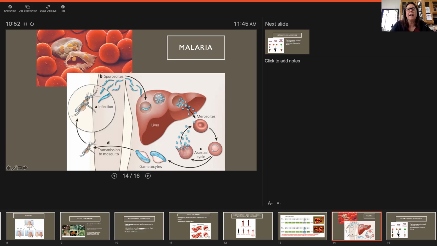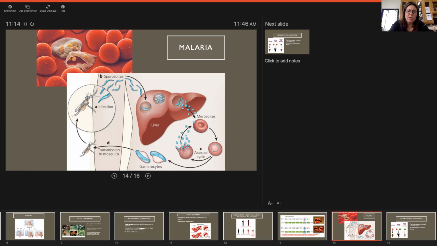Malaria is a parasite. That parasite will then go into the liver, where it will take residence. It will then get into the red blood cells and finish its life cycle in there. It will rupture the red blood cells, and it's generally in a cycle depending on which strain of malaria you get. And this could lead to death.